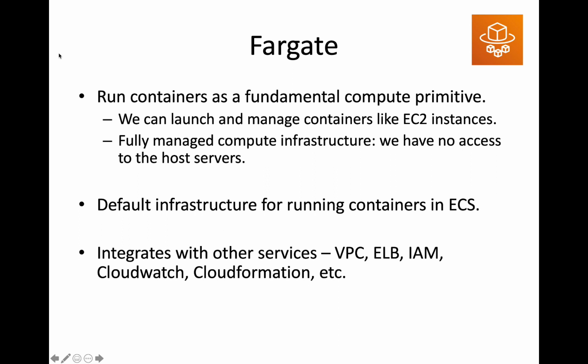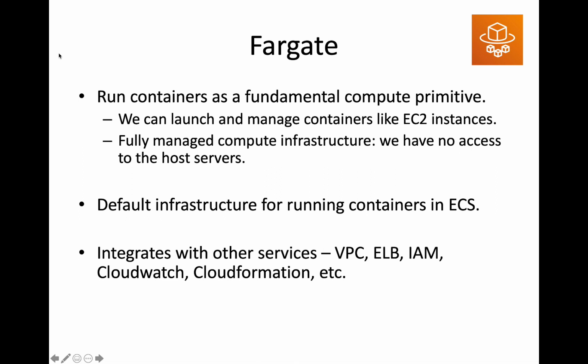So in the previous section, I talked about a few different container orchestration platforms. And the orchestration platform that we use in this course is AWS ECS. And if you recall, there's sort of two different ways we can deploy containers in ECS.